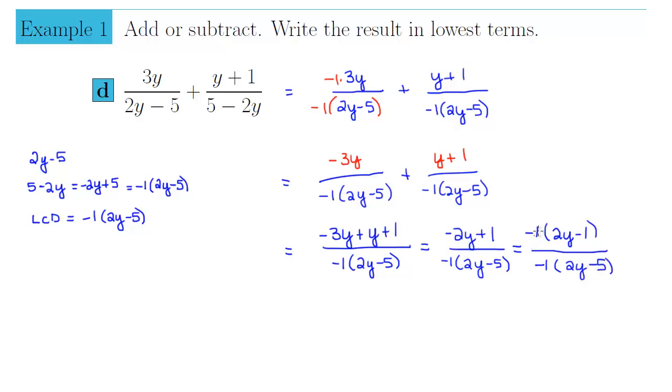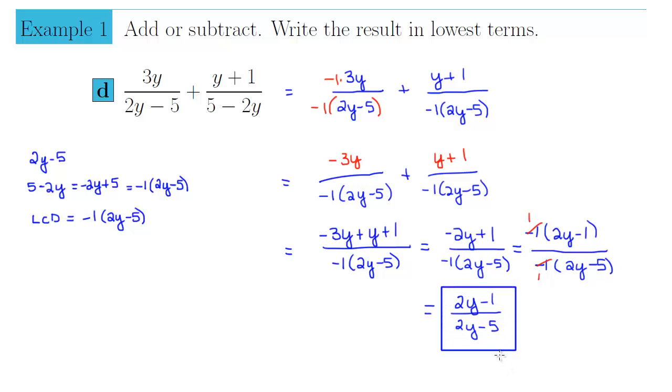And now observe, this factor of negative 1 appears in the numerator and the denominator, so it can be canceled. And so this rational expression is equivalent to simply 2y minus 1 over 2y minus 5. So let me box this answer: 2y minus 1 over 2y minus 5.